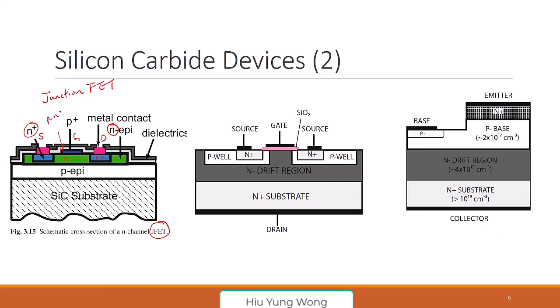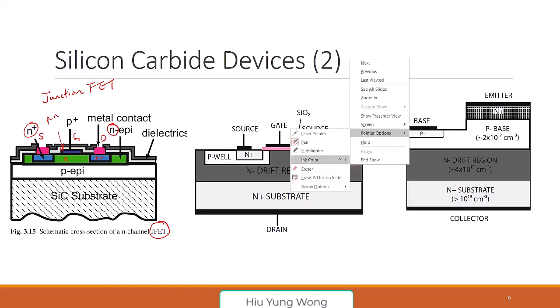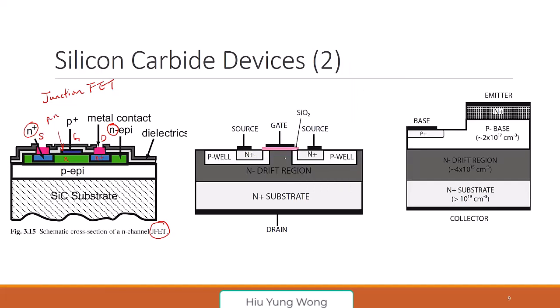When you apply a negative bias, what will happen to the PN junction? If I apply a negative gate bias, what happens to the PN junction? Reverse bias. Reverse bias means what? No current, or depletion.